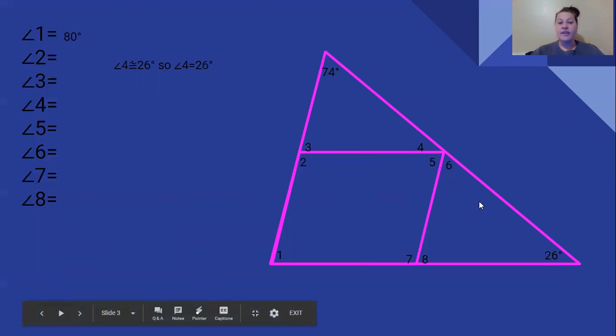So 26 degrees is congruent to angle 4. So angle 4 is 26 degrees as well.